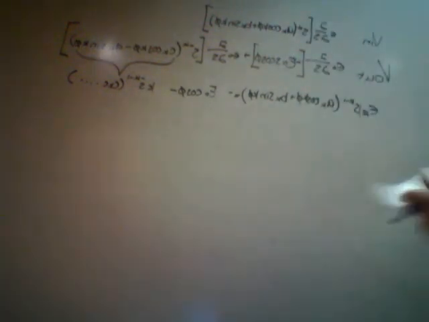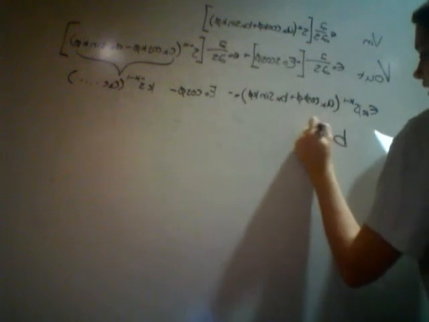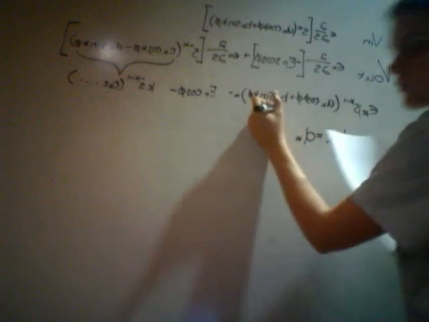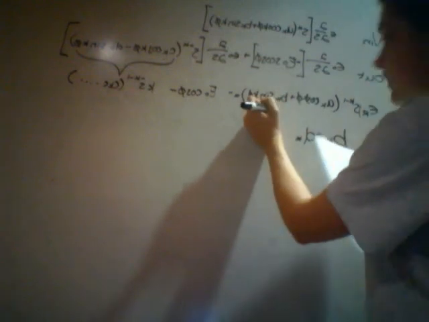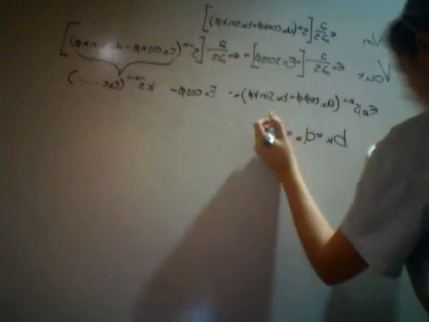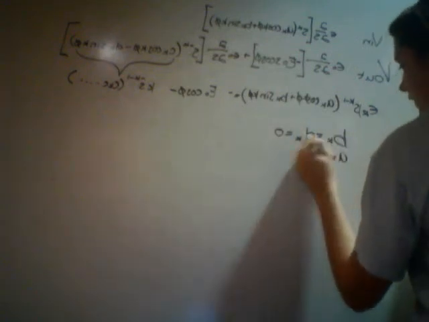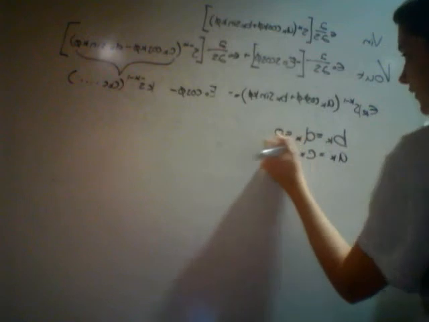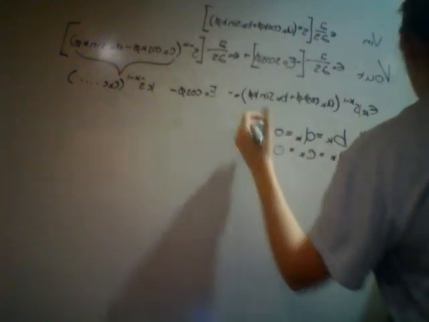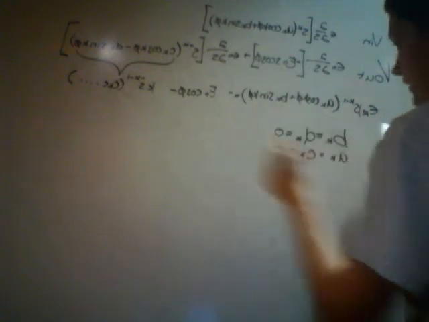Now we're going to set the constants Dk and Bk, the constants in front of the sine k phi, equal to each other and equal to 0, as well as Ak and Ck, the constants in front of the cosine k phi, equal to 0, and k equals 1.